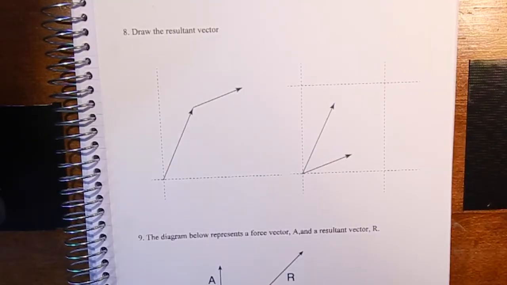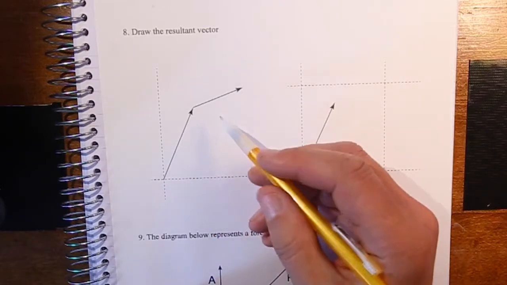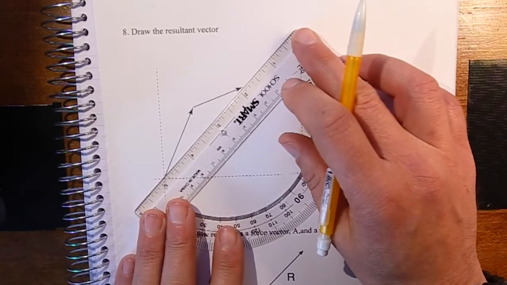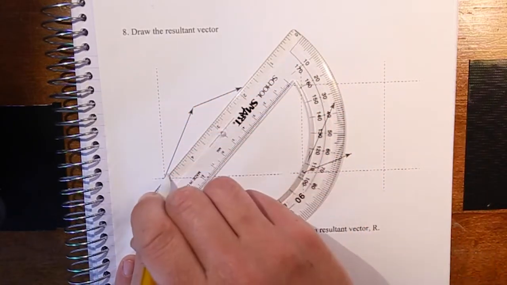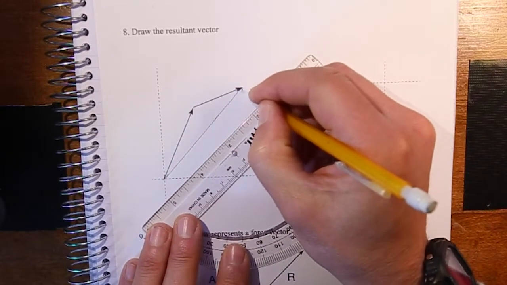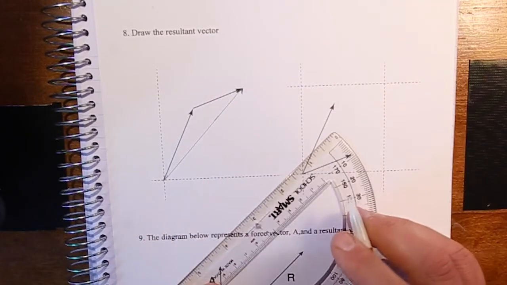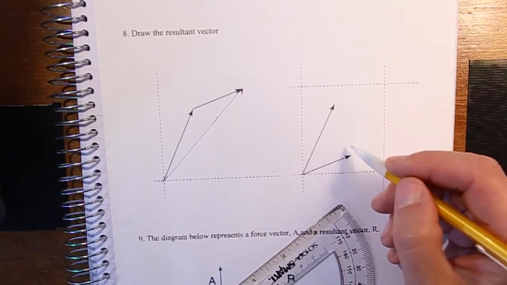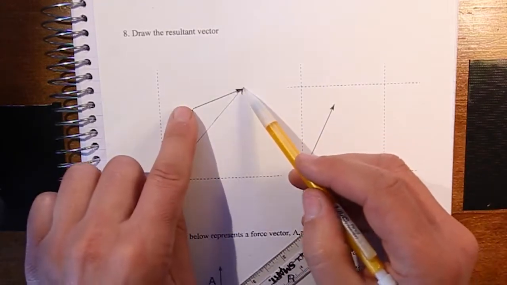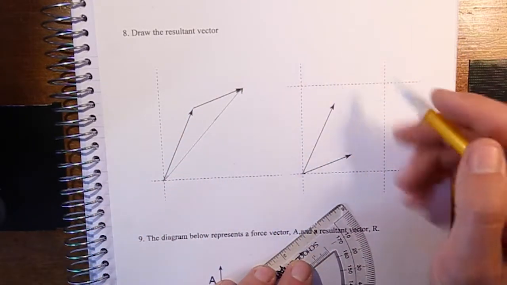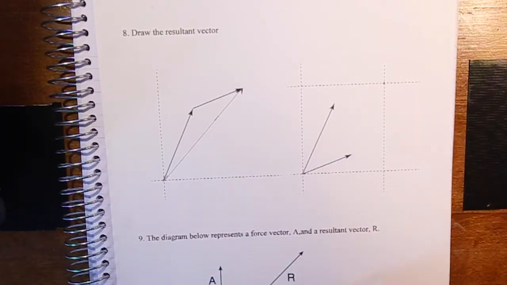In this one, we have to draw the resultant vector. So they're already set up in the tip-to-tail method. So all we have to do is go from the tail up to the tip. And that is our resultant vector. So if you want to look at this a different way, you can see that this vector right here, if we slid that down, would be right here, and the position at which they would cross would be here.